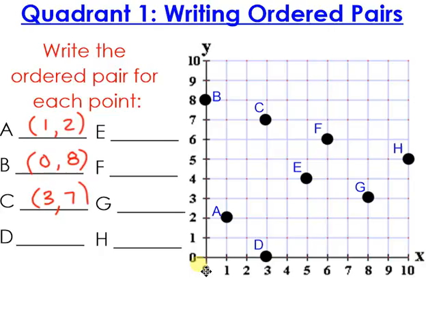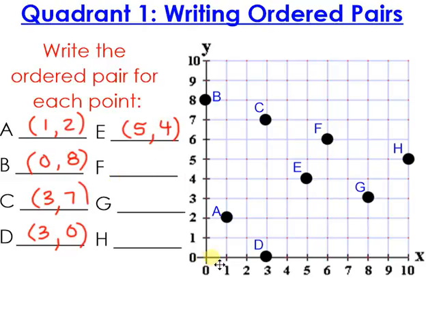Now we're going to look at point D. Here's point D. So D goes 3 over, and it goes up 0. Point E goes 5 over, and then it goes up 4.